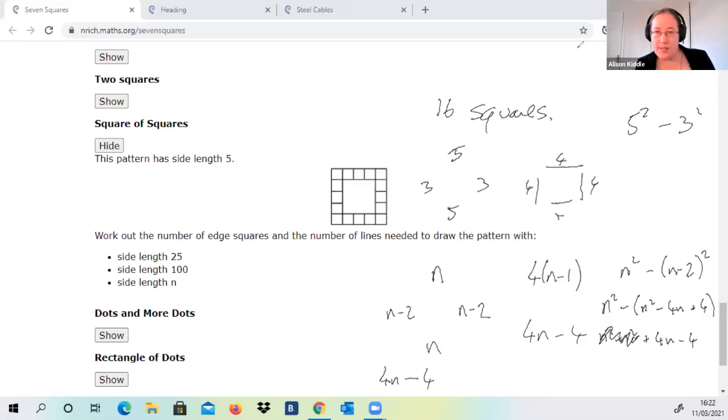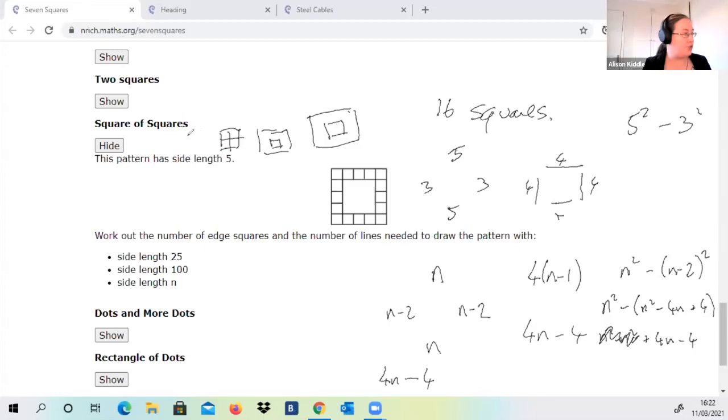Before that, though, I just want to address Lorna's question, which is what happens when you put in n equals 1 to this. I think to do that, it's quite nice to work backwards from the 5 by 5 example. So the 4 by 4 example would have a 2 by 2 square in the middle. The 3 by 3 would have a 1 by 1 in the middle. The 2 by 2 would have nothing in the middle.